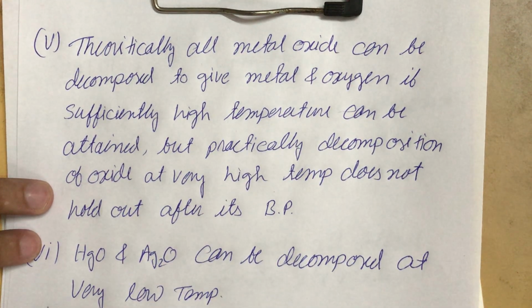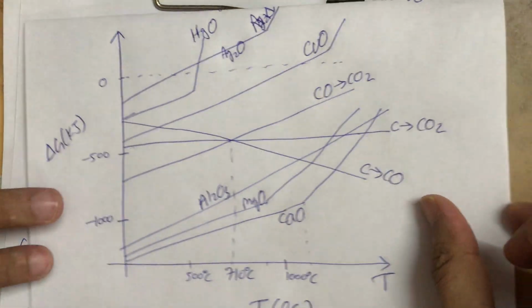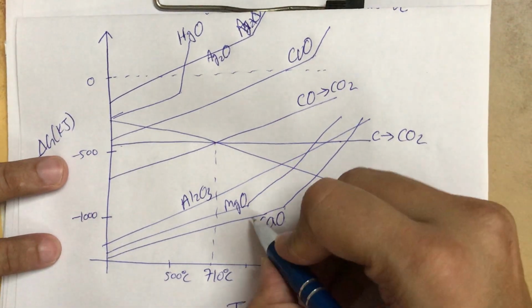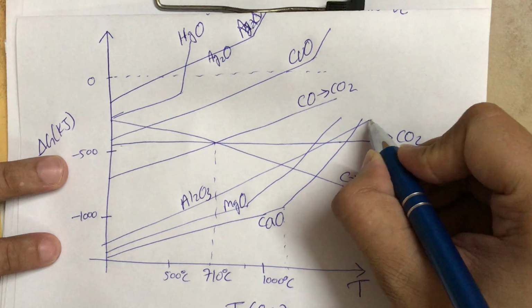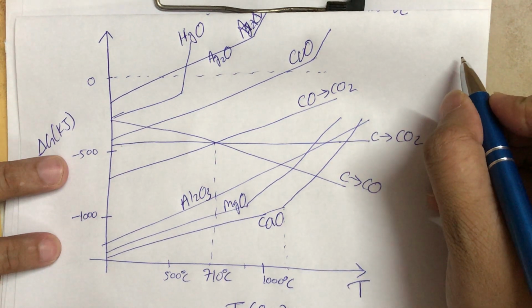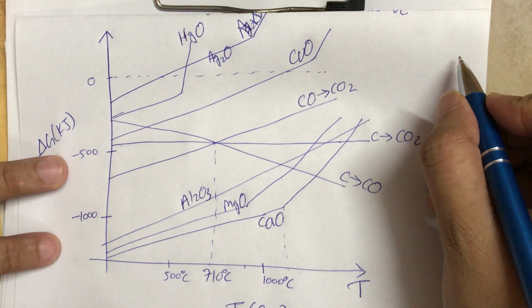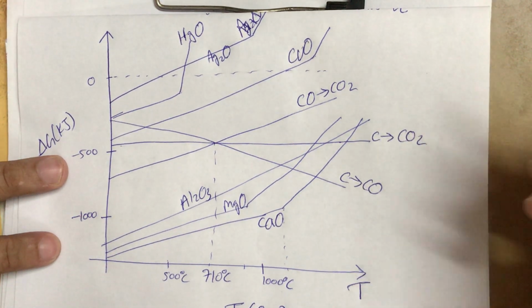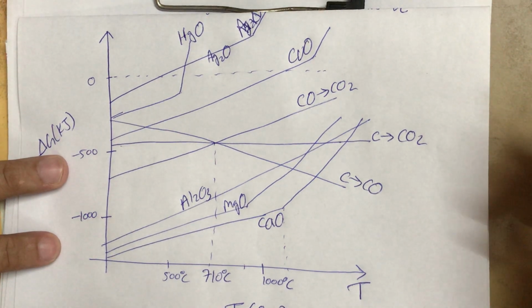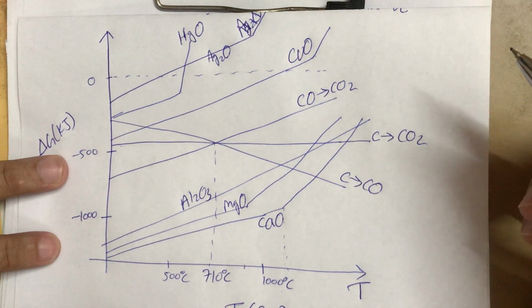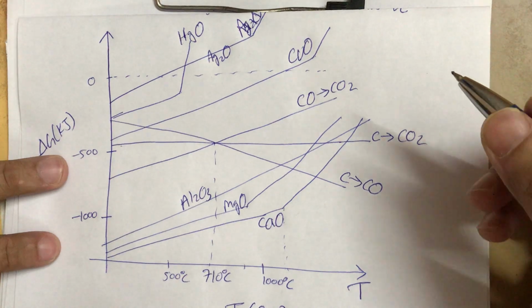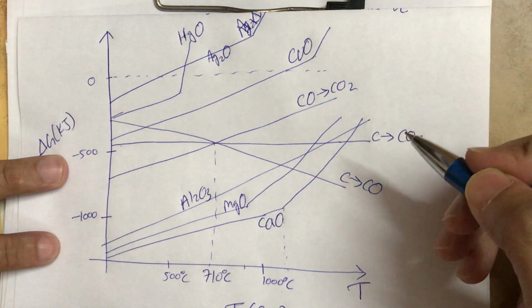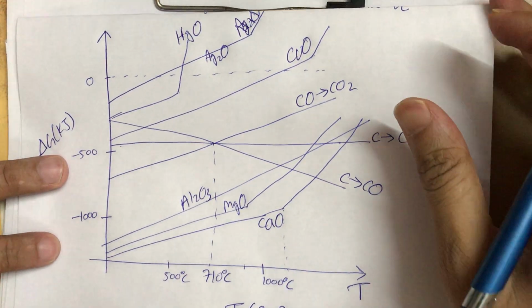For some metals that require very high temperature, like you can observe here, this Al2O3 line will cut the delta G equal to 0 line somewhere around 2000-3000 degrees Celsius. Practically it is not possible to achieve such a temperature, or at that temperature they may be converted into vapor phase. So practically it is not possible to convert metal into vapor phase and to collect it on a large scale.